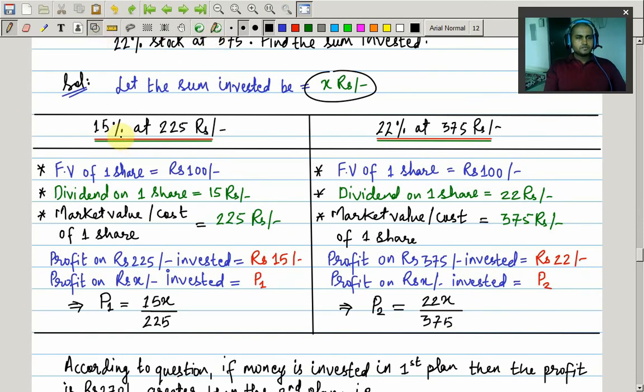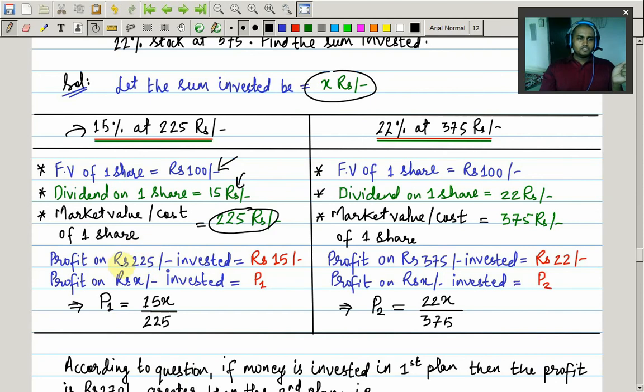So what happens in this type of investment? Face value of one share is by default, we are taking 100 rupees. Dividend on one share is 15 rupees, 15% of face value. Face value is 100, so 15 rupees. Market value or the cost of one share is 225 rupees.